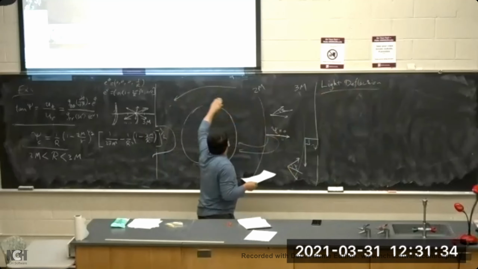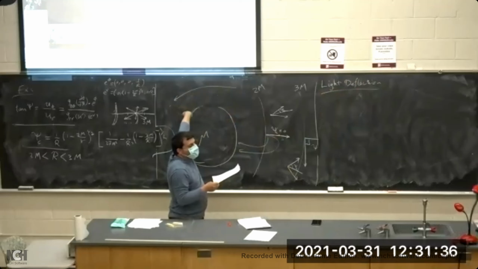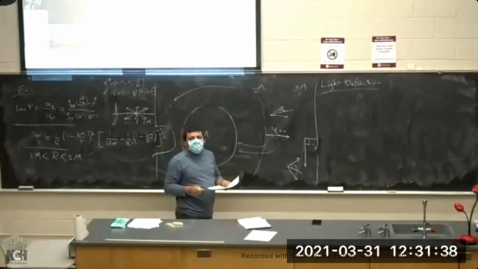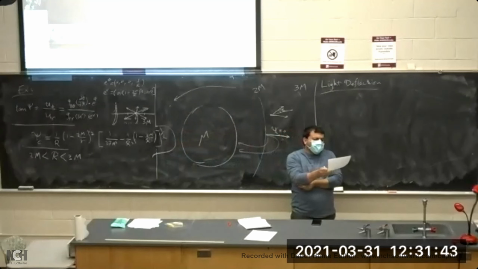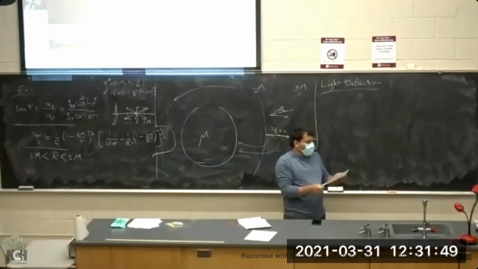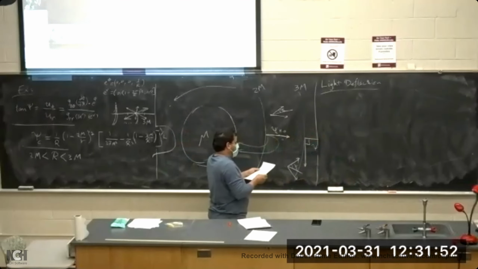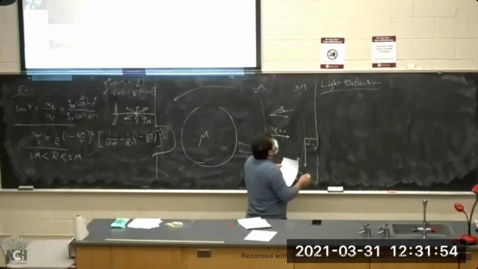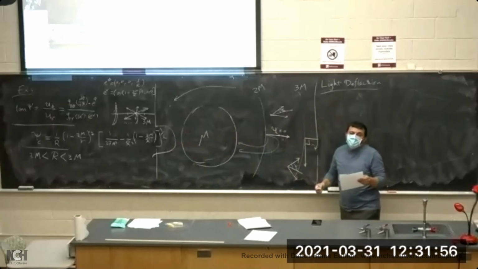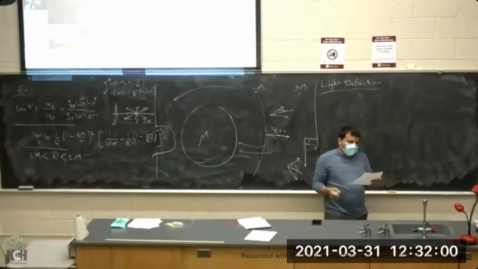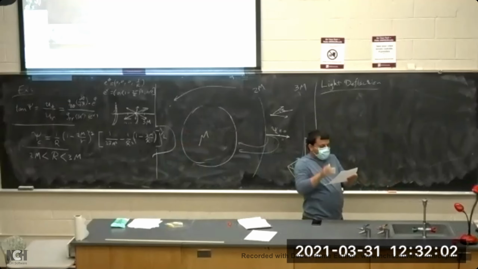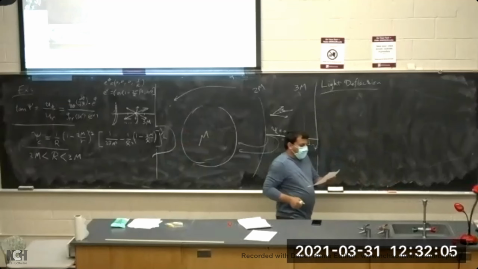Measuring this bending or deflection for the sun was, I think, the first test of general relativity in 1919. Also, the deflection of light is the mechanism to understand gravitational lensing by huge objects in deep space.